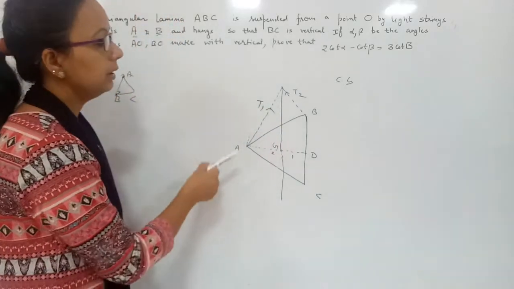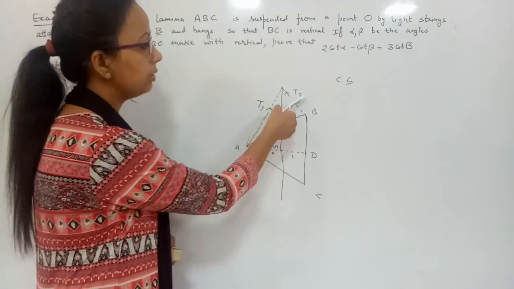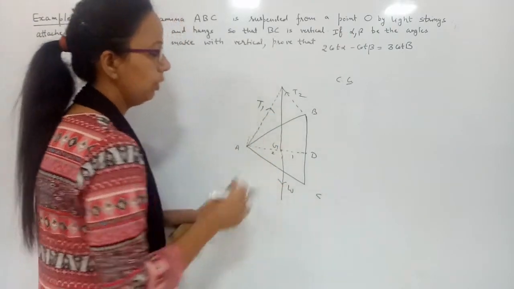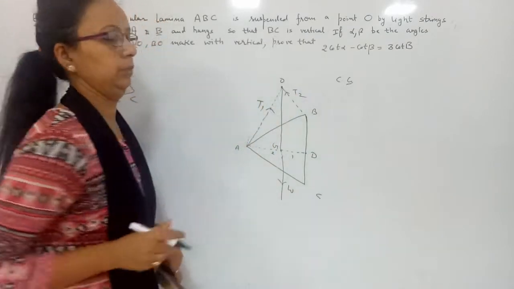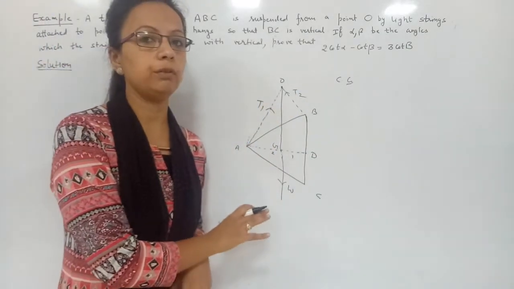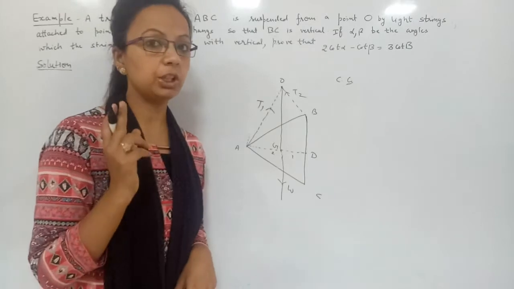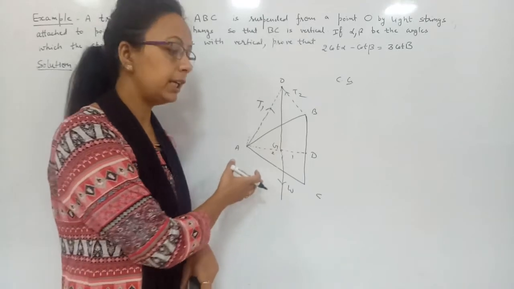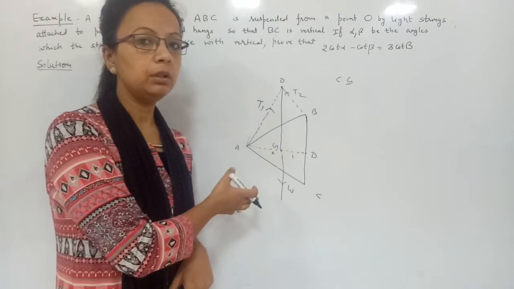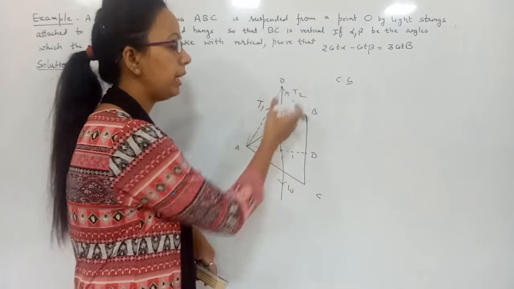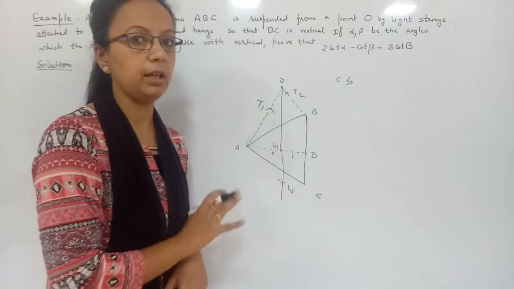See now, T1, T2 and W, all three forces are intersecting at this point O, because this is the condition of equilibrium. The first condition was that they should be coplanar, and the second condition was that they are either concurrent or parallel. So here we have to make these three intersect at one point.